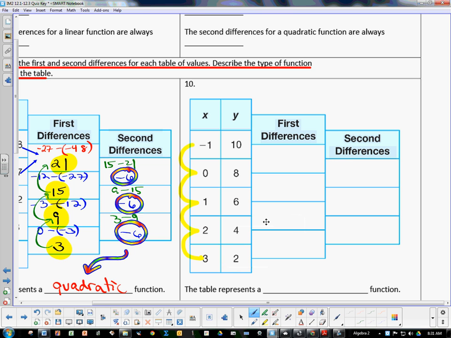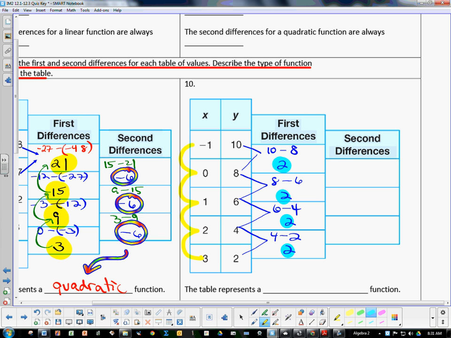All right, let's finish this off here. We've got first differences. 10 minus 8 is 2. 8 minus 6 is 2. 6 minus 4 is 2. And 4 minus 2 is 2. I hope you realize that these first differences are all constant.